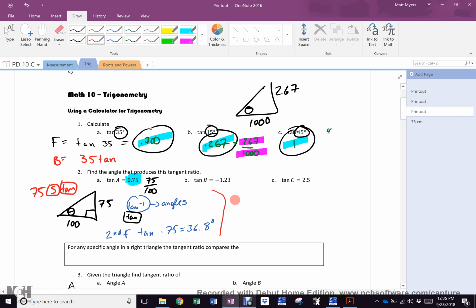Same thing. You're going to punch shift tan, which I'm just going to write as tan negative 1. Negative 1.23 equals, or negative 1.23 shift tan. And what do you get? Negative 50.8. Angles, we almost always round to the nearest angle. So negative 51 degrees, yes?